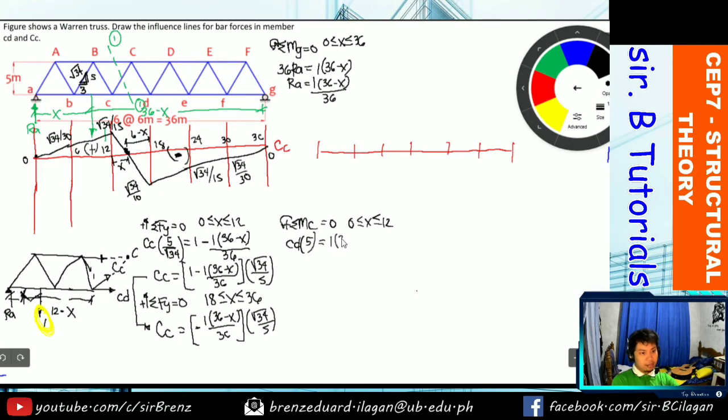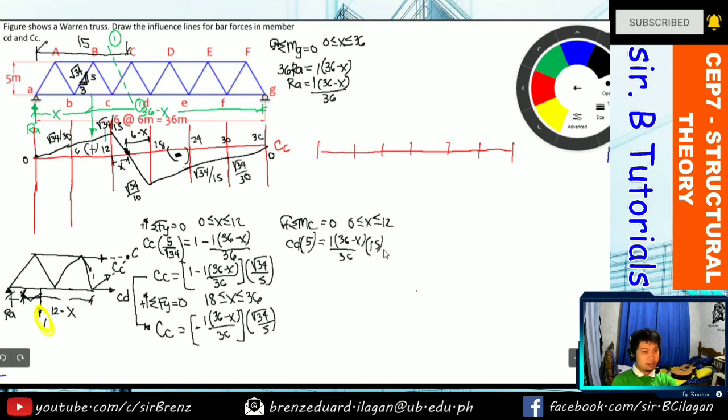So 1 times 36 minus x all over 36 and then multiply by, so ano yung distance ng RA away from point C? Ito, ano yung distance na yan? So ito, alam natin 12, ito, 12. So plus 3, that is equals to 15. So nakita ha?